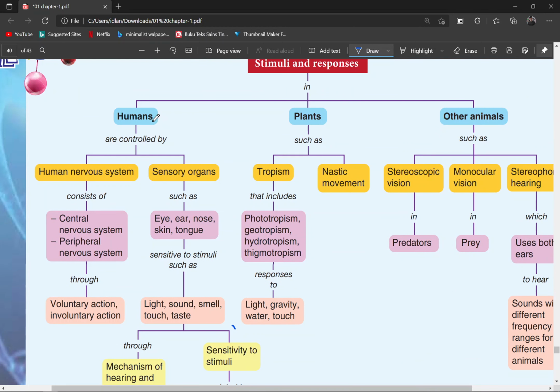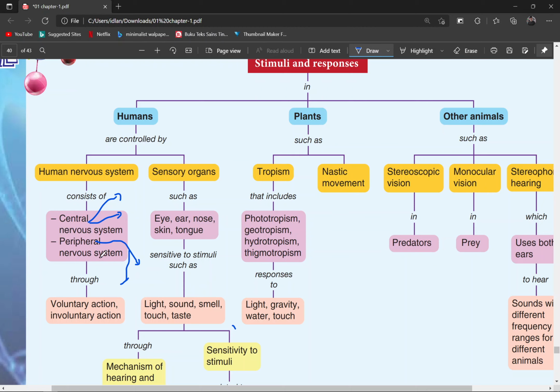Okay, humans are controlled by the human nervous system. Kita ada central dengan peripheral. Central kita ada spinal cord dengan brain. Peripheral pula kita ada spinal nerves dengan cranial nerves. Ada voluntary dengan involuntary actions.